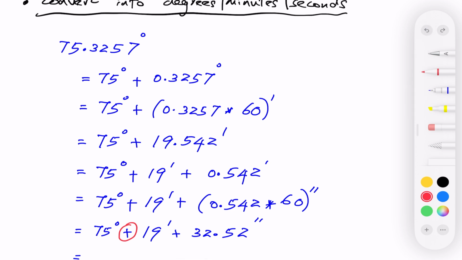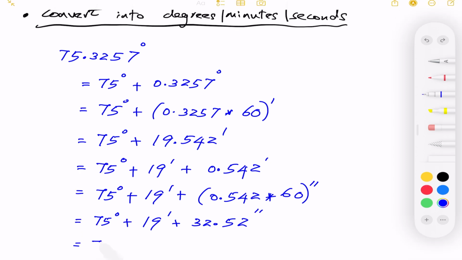Instead, we keep a small space between degrees and minutes, and also between minutes and seconds. So the final answer can be written as 75 degrees, a small space, 19 minutes, another small space, and 32 seconds. That's our final answer for this example.